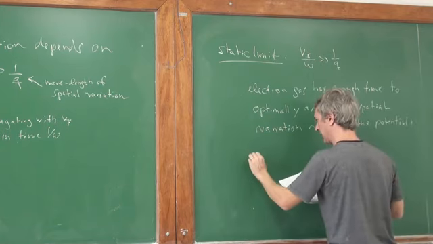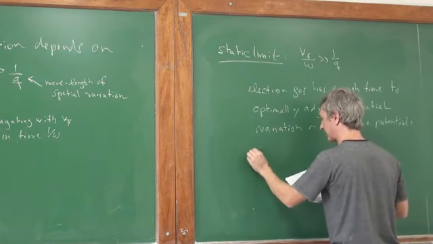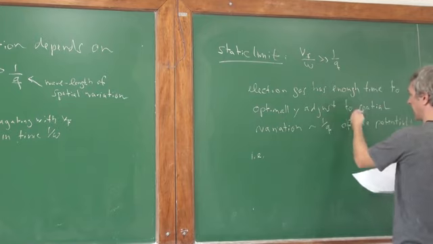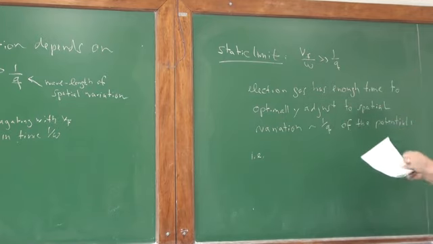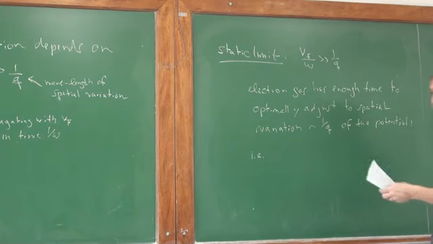And to adjust means here, as we said, that the electrons and holes will just screen the potential.